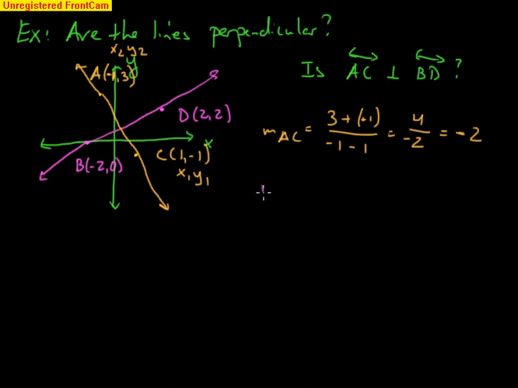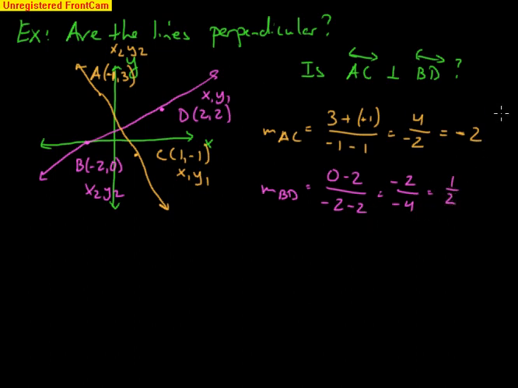So let's check the slope of line BD. So the slope of line BD, here we go. So let's use this as our x1, y1. This is my x2, y2. So we have 0 minus 2 over -2 minus 2. That's going to be 0 minus 2 is -2, -2 minus 2 is -4. And if we simplify this, this comes out to be +1/2.